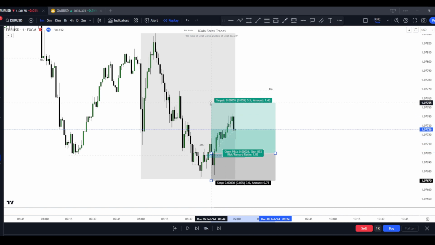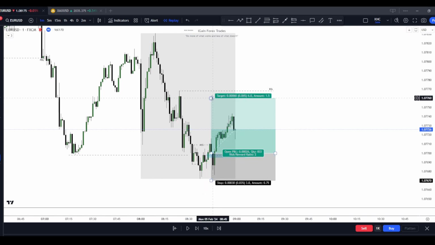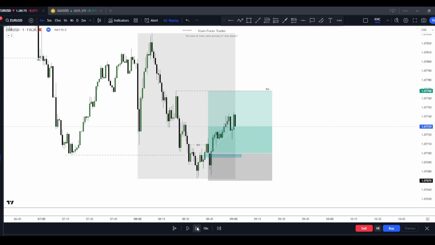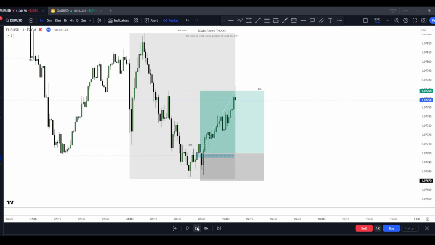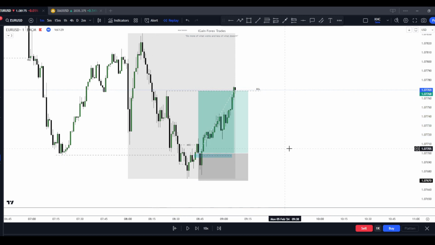Or a 1:2 risk reward ratio, win 3, that's 6 pips. We target a 1:2, or we can target this buy side liquidity here. There you go, guys. So that's our first example.